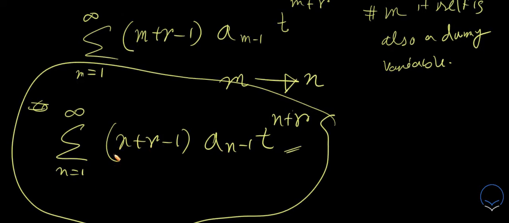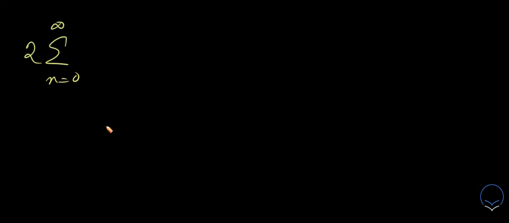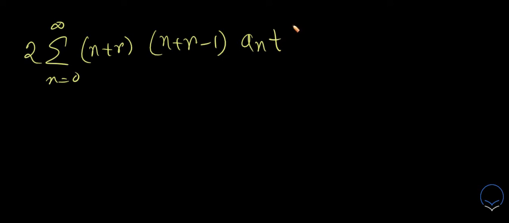As you can easily see, this is starting from n equals 1. So let me write these things out. N plus r. This is a summation symbol, don't get confused. It's just the handwriting is a bit bad.